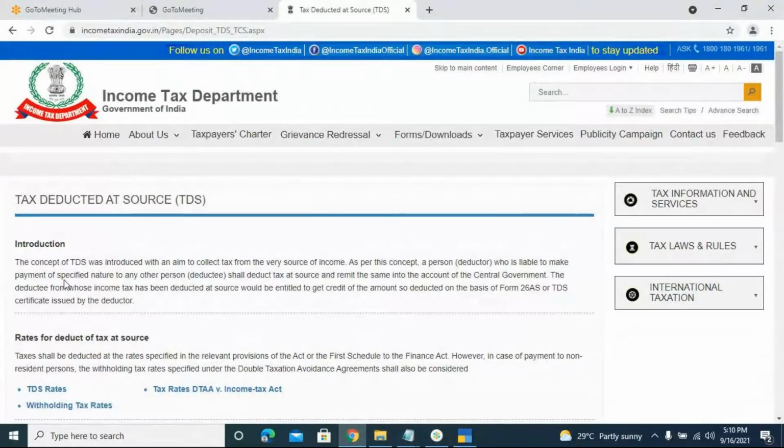Then what happens is, before the salary is credited to your parents' account, the tax will be deducted, and then the net amount is credited or transferred to the employee's account.